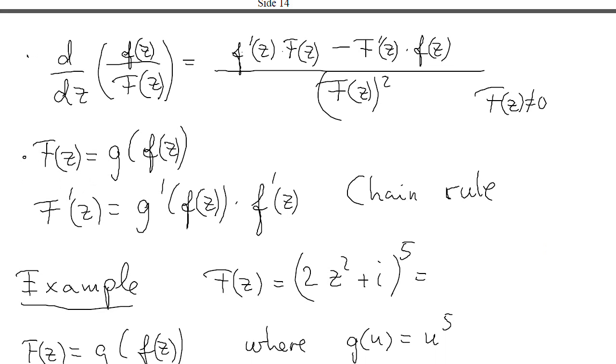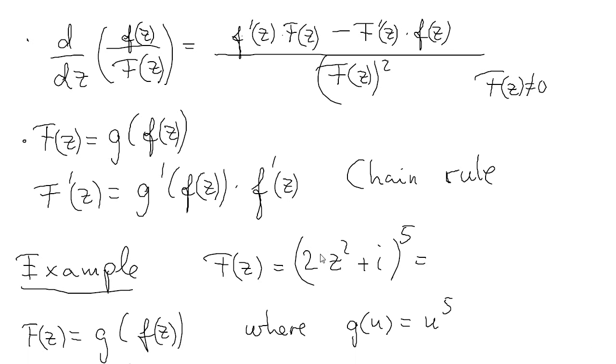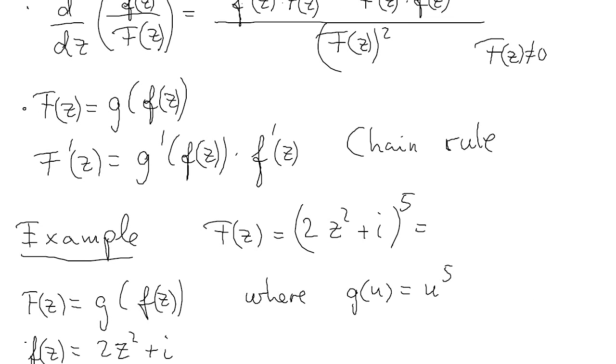So here is an example of this. If you have the function 2z squared plus i to the power of 5, then in this case it's natural to let g in the chain rule be equal to u to the power of 5.